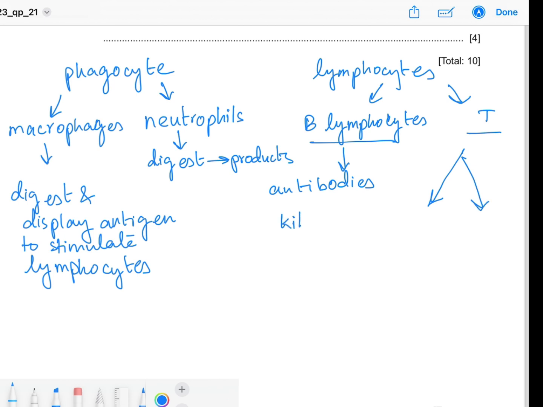Killer cells will directly eliminate by attacking and destroying the cells which display foreign antigens.